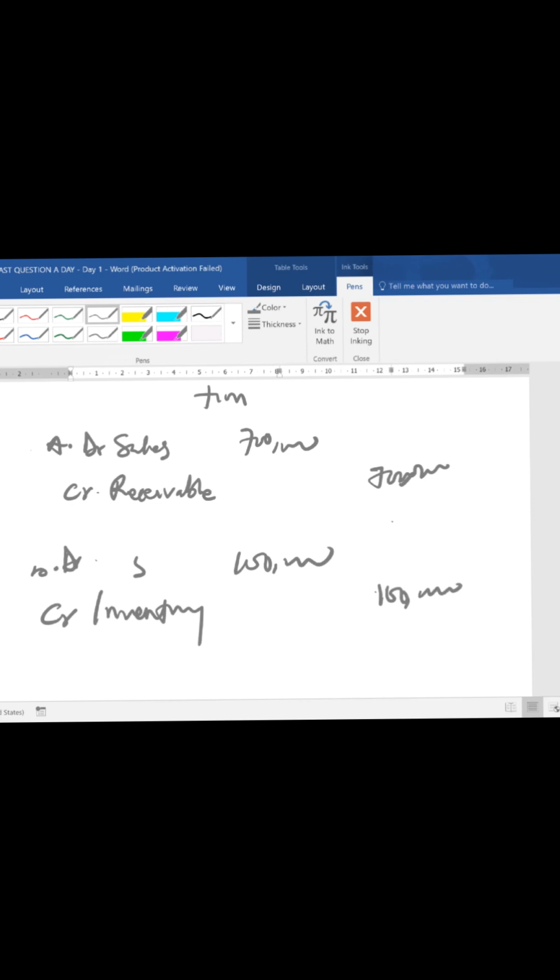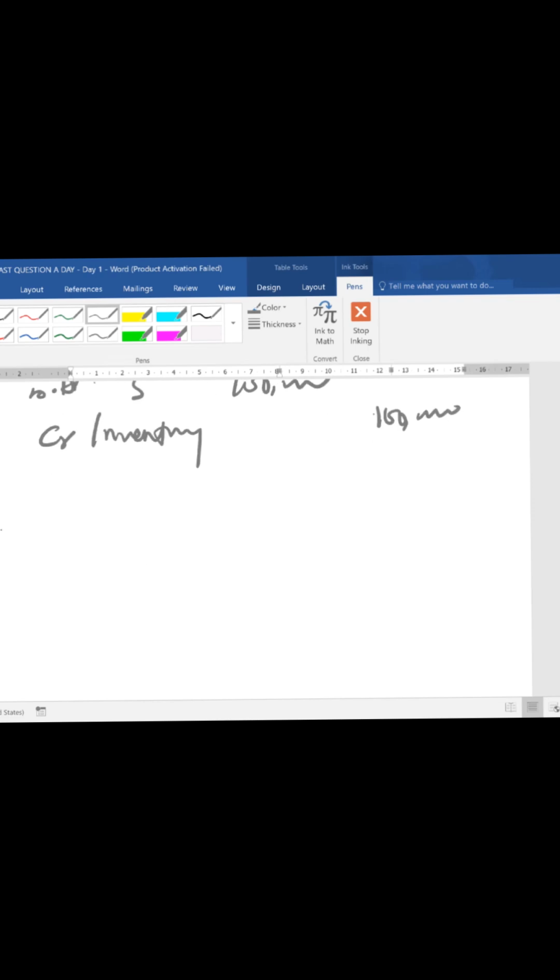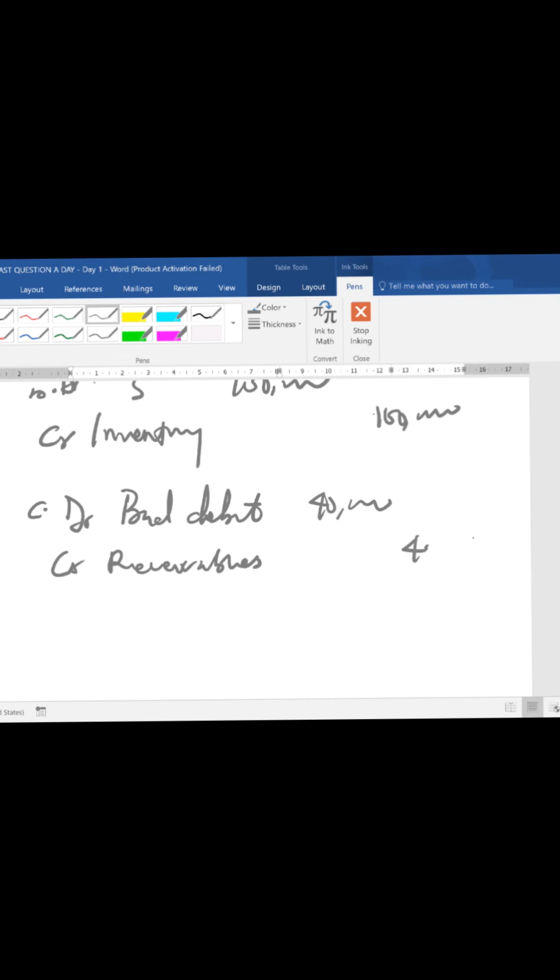Then we move on to the third one. We said 40,000 should be written off from our receivables as bad. So C, we are going to debit our bad debt account, or let's say we are going to debit our P&L, 40,000, and we are going to credit our receivables, 40,000.